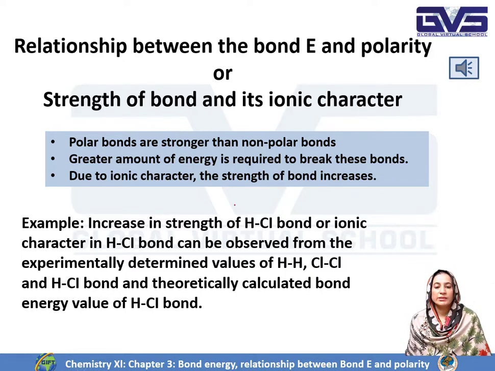So the increase in strength of the HCl bond. HCl is a stronger bond as compared to the H bond. Our ionic character in the HCl bond can be observed experimentally. Now we will determine the bond energy of HCl theoretically, and also the experimentally given value. Then we will compare their difference of energy.